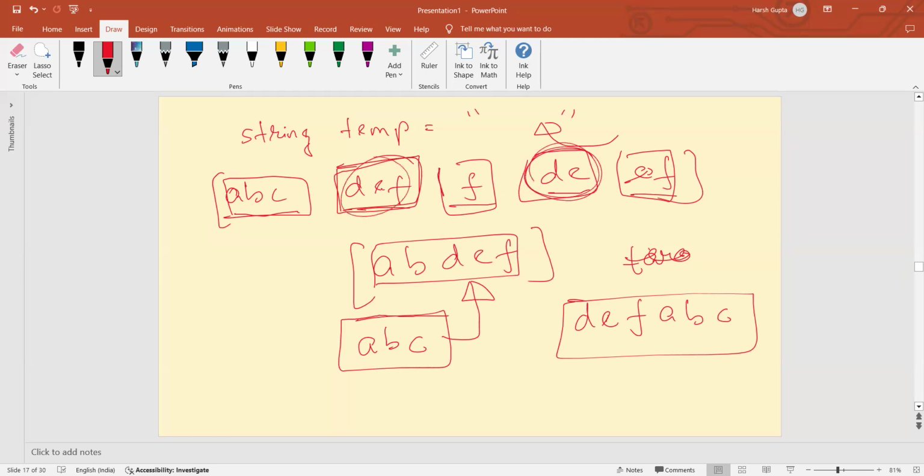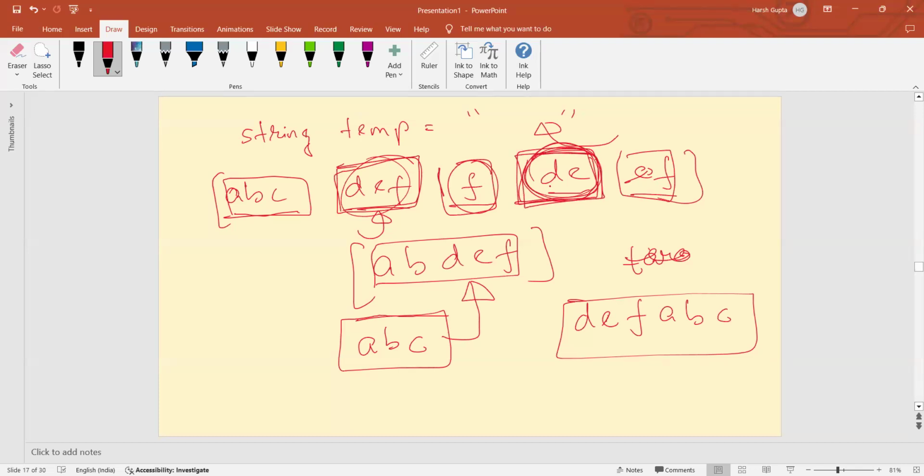You have the option to choose DEF as well. So you don't know by choosing which one you will get the minimum cost, and you don't know that if you choose DE, you will get F in your future or not. You don't know that, isn't it? But you need to look at all the possible options. So at first you will choose DEF and then see if you can form the string. Then you will try DE and see whether you can form the string or not.